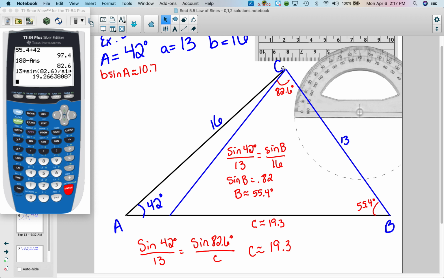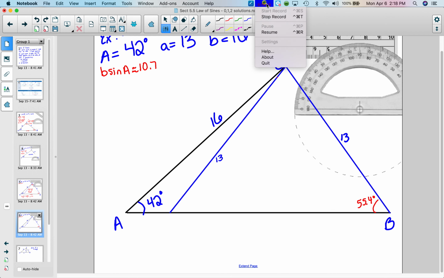Side A is still 13 and side B is still 16. Now my angle B is going to be different, but it could be that triangle. So we're going to do this problem now, and I'm going to separate this out onto another page so that we don't get all the other stuff in the mix of that.